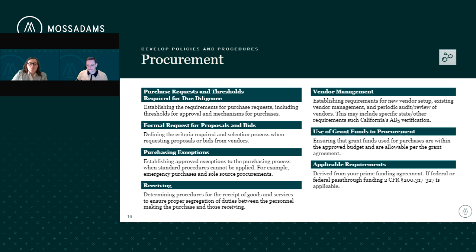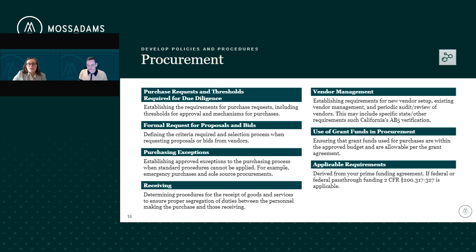So what it really means to have a procurement policy is you have a process for procuring goods. You are in alignment with the CFR, the federal guidelines, in terms of the thresholds for required documentation, the number of quotes that you should be retaining, understanding purchasing exceptions, understanding documentation that's required when receiving, vendor management.